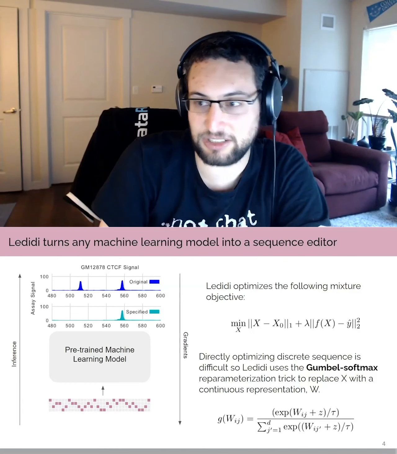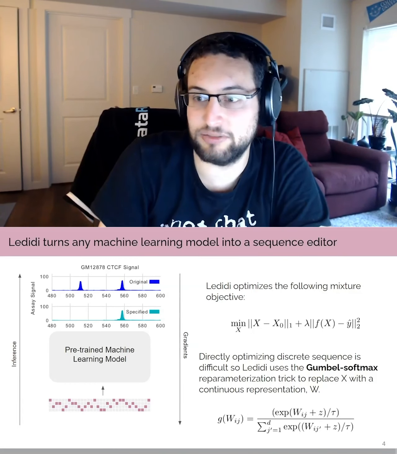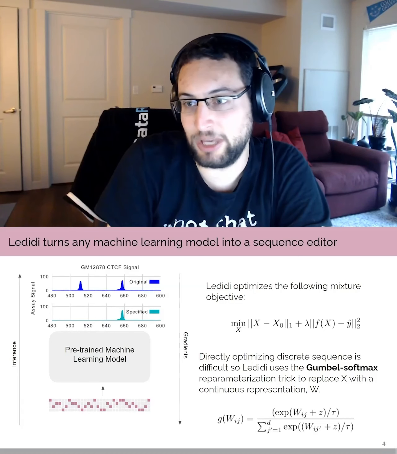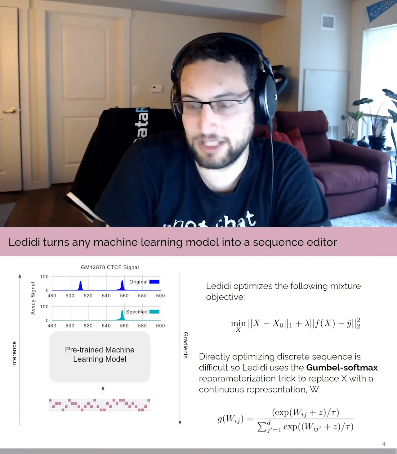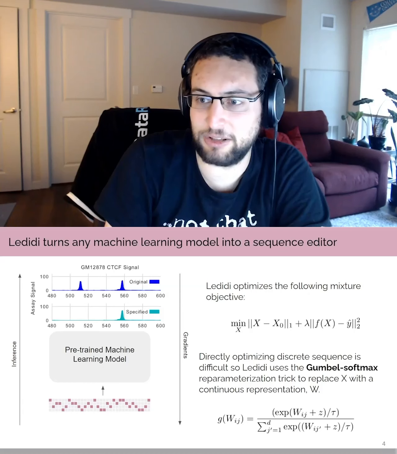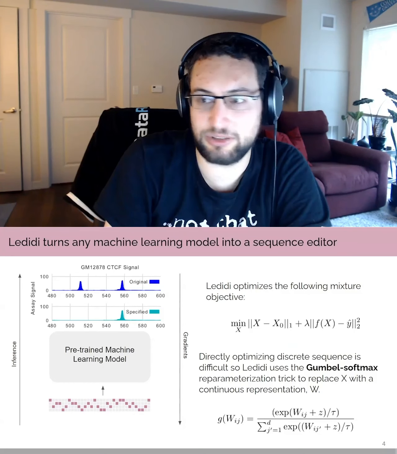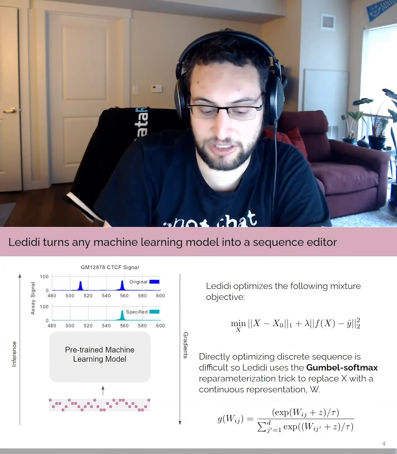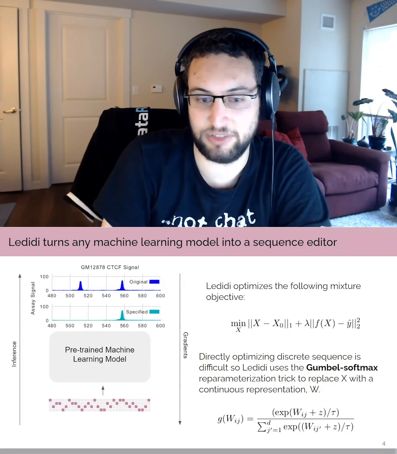As this process continues, the distributions converge to areas where variability is okay and where variability is not okay. I'm not going to go too deep into exactly how that works, but essentially we use this trick to get around the difficulties of applying gradients to discrete sequences.